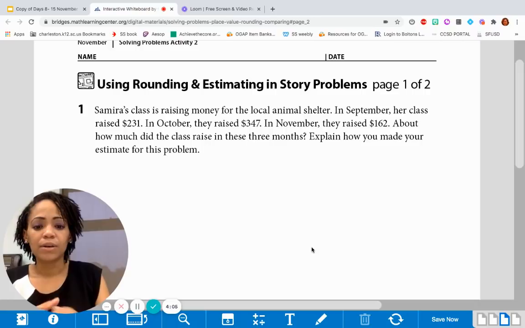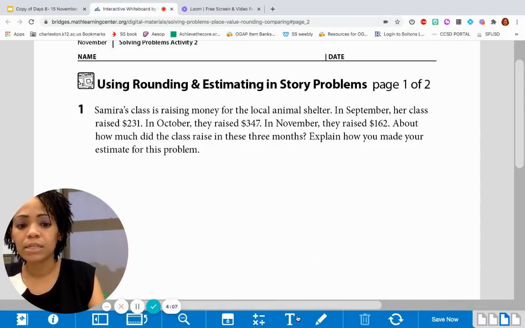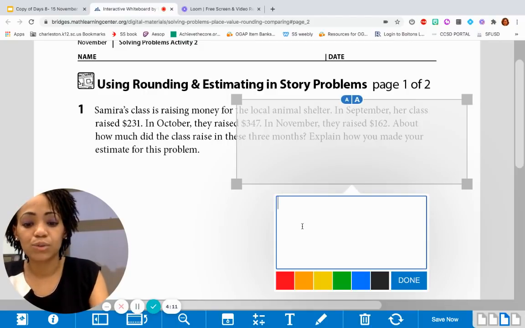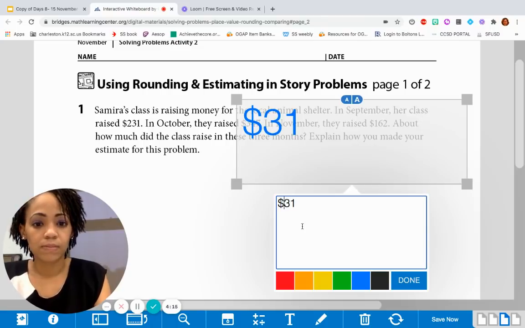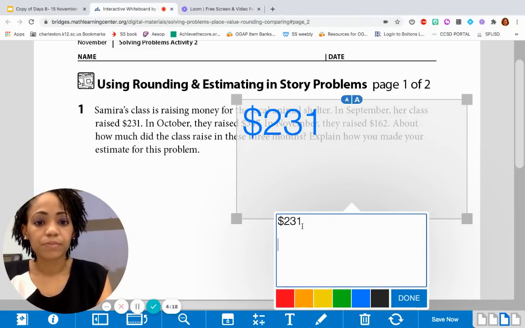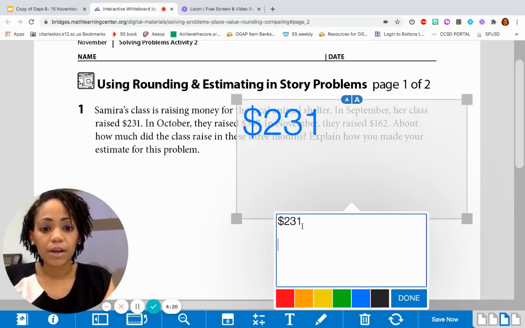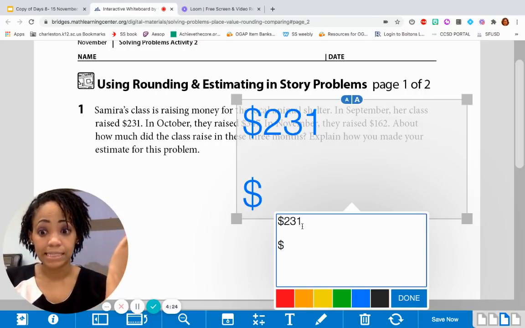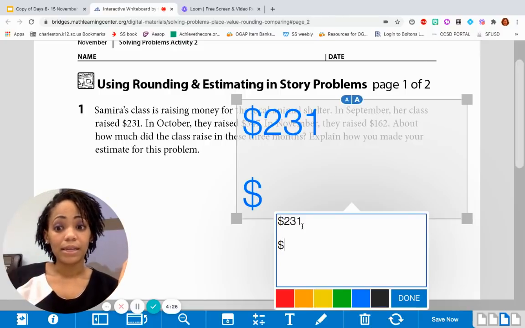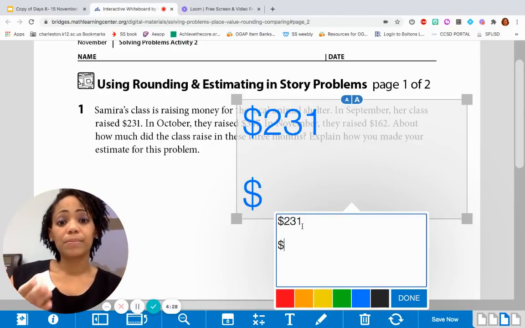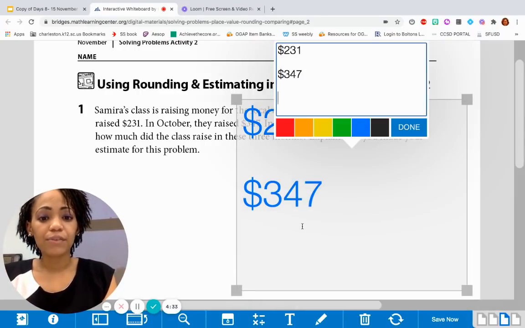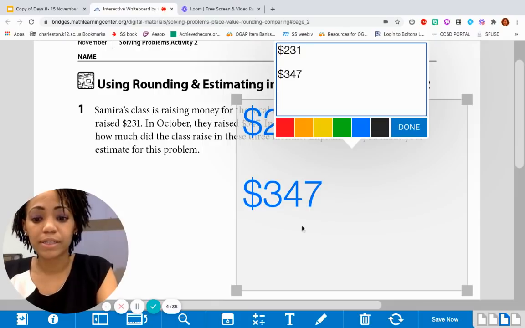What would you do with the number 231, with the number 347, and 162? Good. So we'd round the numbers, or we could round the numbers to the nearest tens. But in this case, I think it would be more helpful, easier for us to solve if we rounded our numbers to the nearest hundreds.